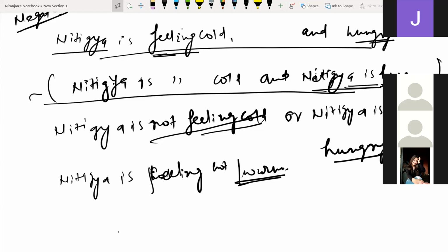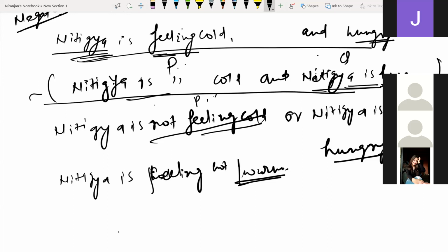Guys, listen again. This is the statement that you had, and you wanted to negate this. What is the first step that you take for any statement? You decompose them into statement forms. So this is your P, this is your Q. Now you take the negation. So what was the statement?